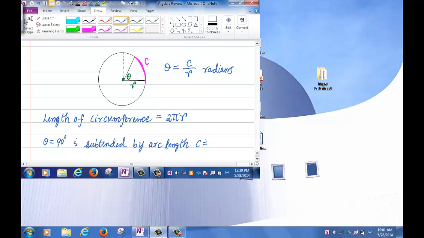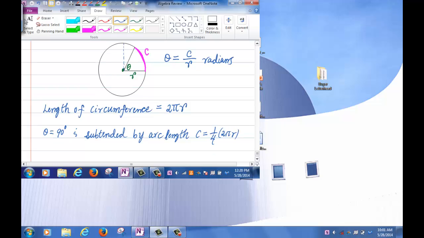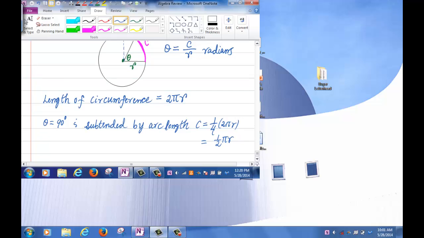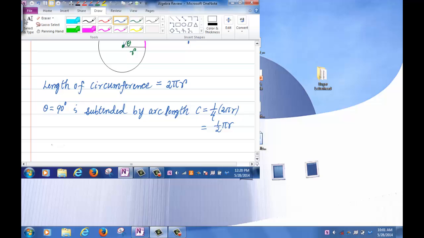It's 1/4 of the circumference, right? So it's 1/4 of 2 pi r, right? Everybody's okay with that? So what is that? It is half of pi r, right? So then what is the radian measure of 90 degree angle? So the theta in radian measure, what is theta then?